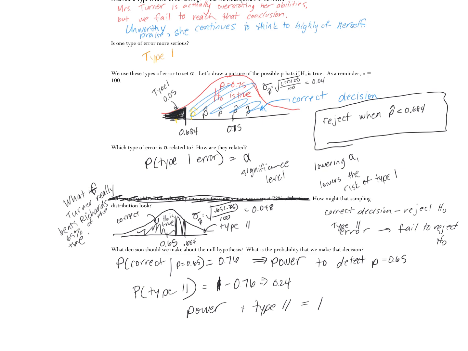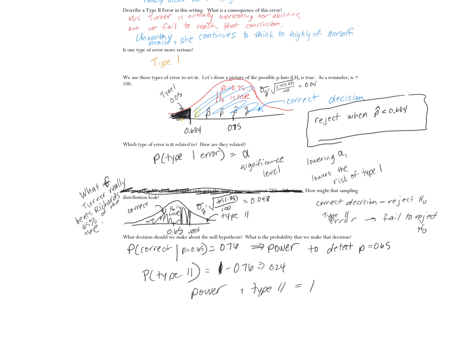Now, we got one more thing I want to go back and talk about. We said lowering alpha lowers the risk of a type 1 error. So guys, what would happen to this graph if I lowered alpha? If I didn't use 5%, let's say I used 1%, what would happen? Well, let's not make that a pretty big jump. So what would happen to that top graph?